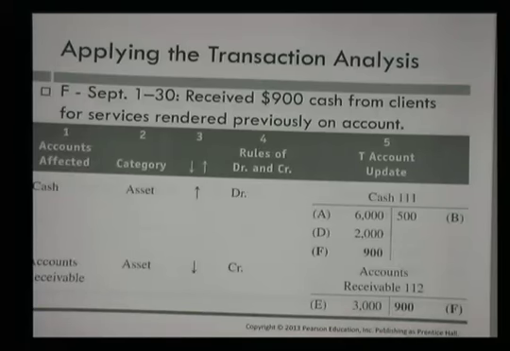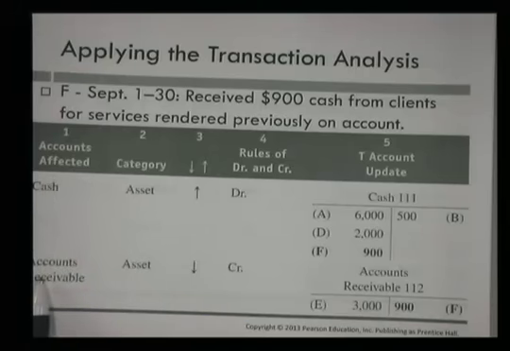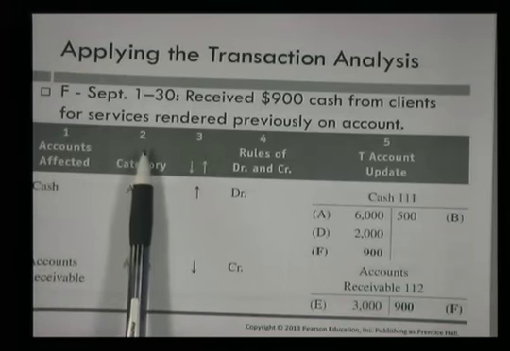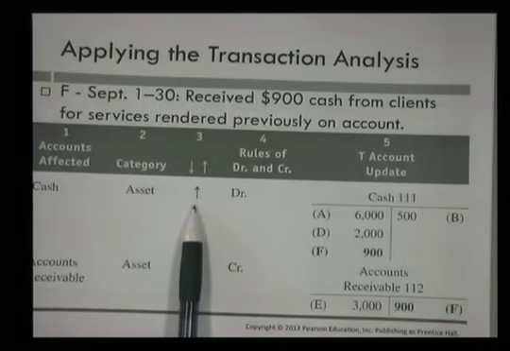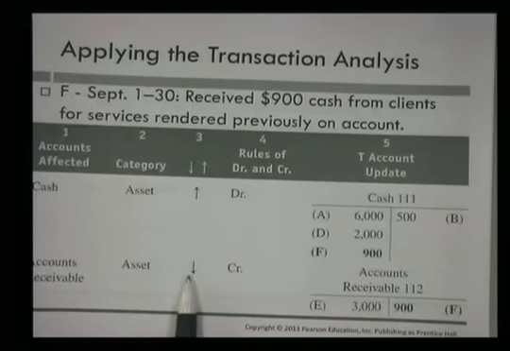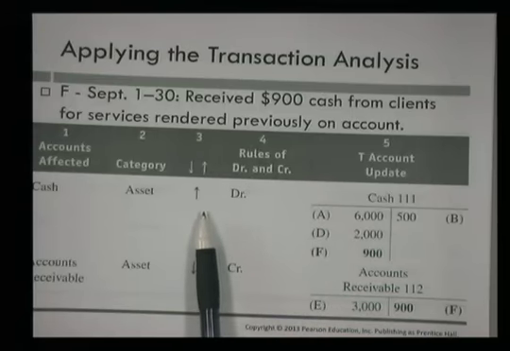So first step always in the transaction analysis is to decide what accounts are affected. Second step is to determine what category those accounts are. Then you must determine, does the account increase or decrease in the transaction? What are the rules of debit and credit for this?